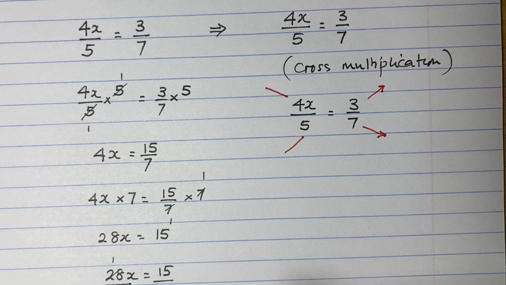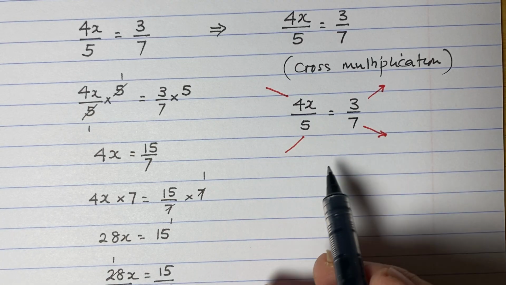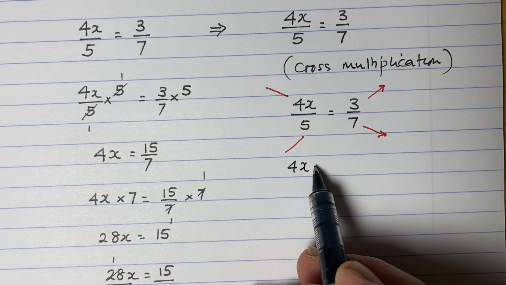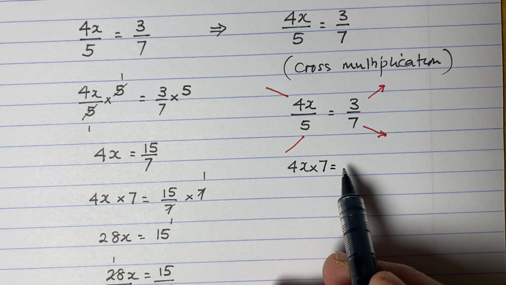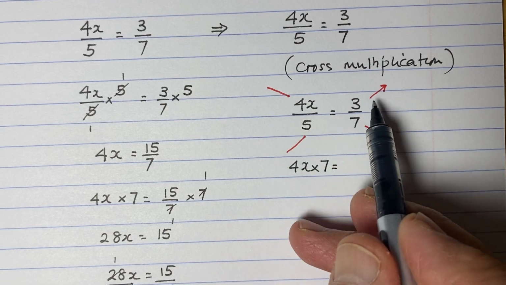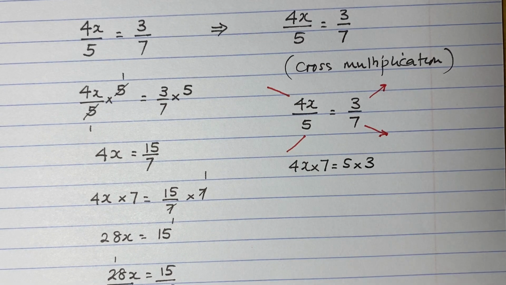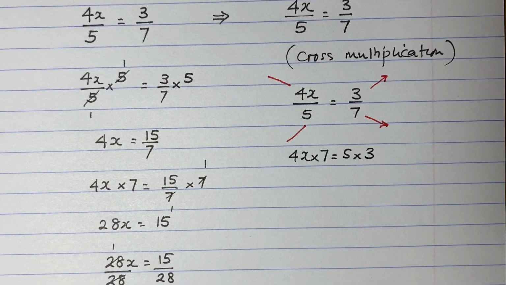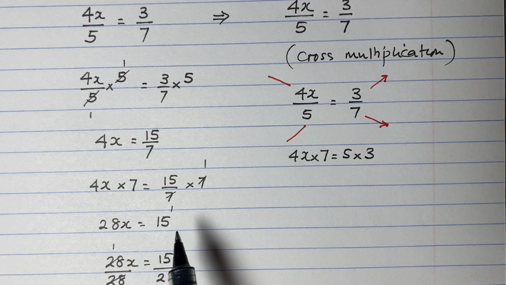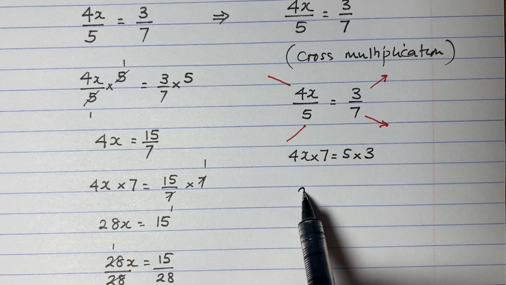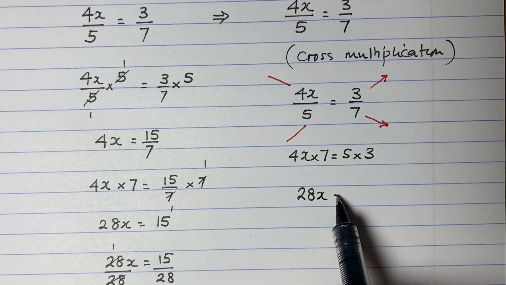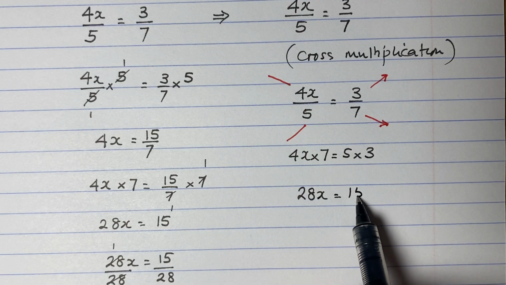So we have 4x times 7, although you can do it in your head, this part. I'll write it to show you what happens. Equals 5 times 3. I repeat, only when you got two equal fractions, no other time. 4x times 7, 28x. 3 times 5, 15.